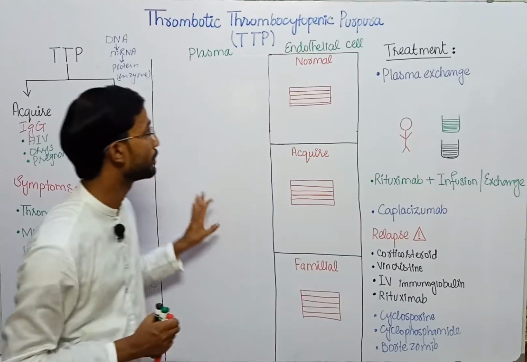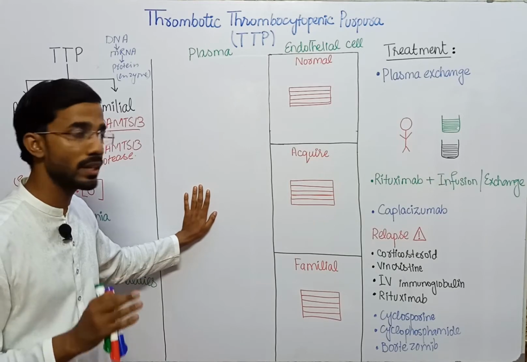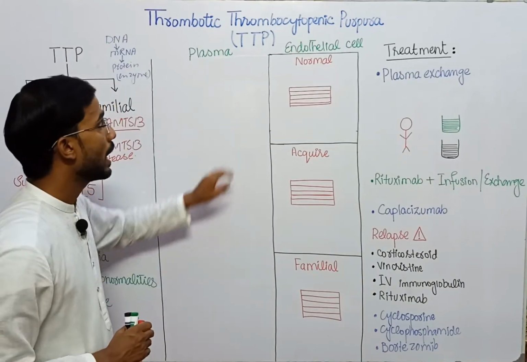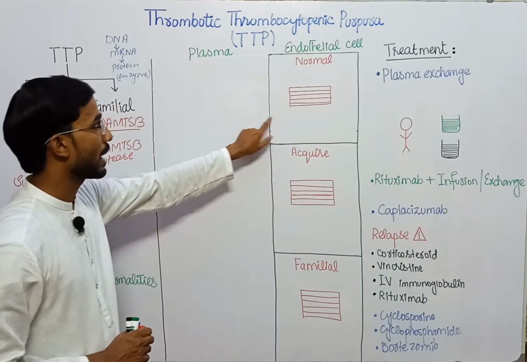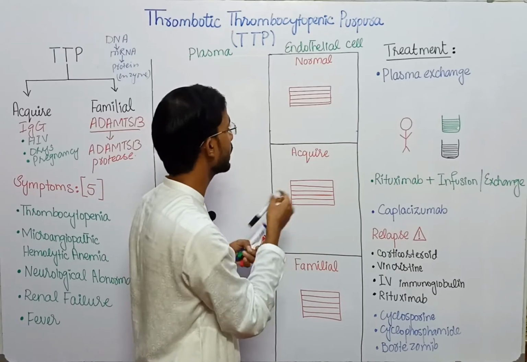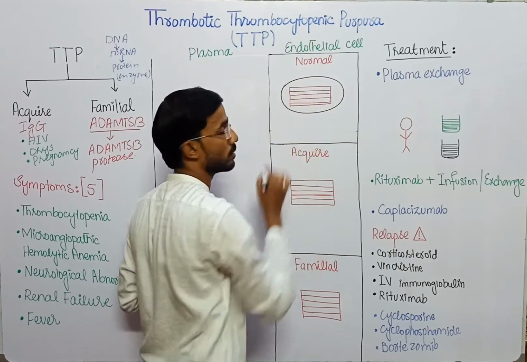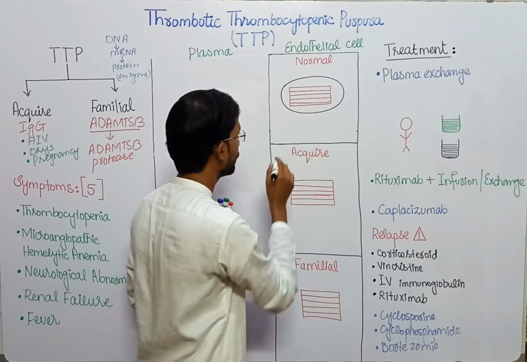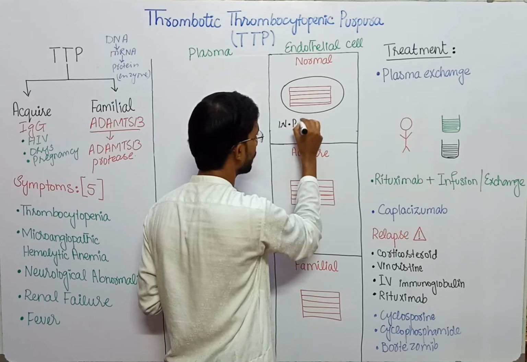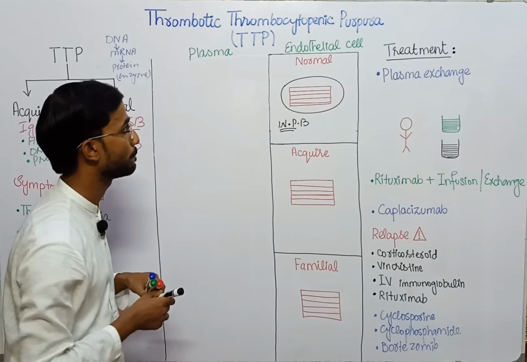What will happen? Actually, this is the plasma. We will discuss three cases: normal case, acquired case, and familial case. This is the endothelium, and this is the plasma. Here you can see in the endothelium there is a granule or body called the Weibel-Palade body, present in the endothelial cell.